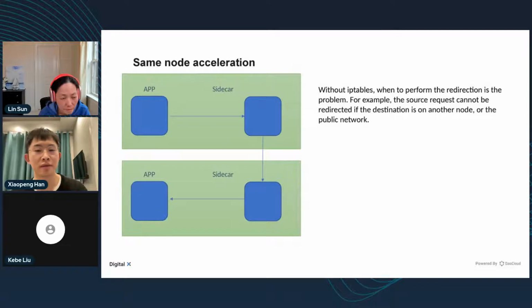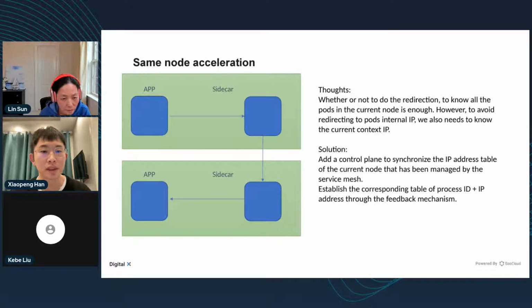Also, if the sidecar is trying to access the current node, the redirection should be disabled to prevent recursive calls.